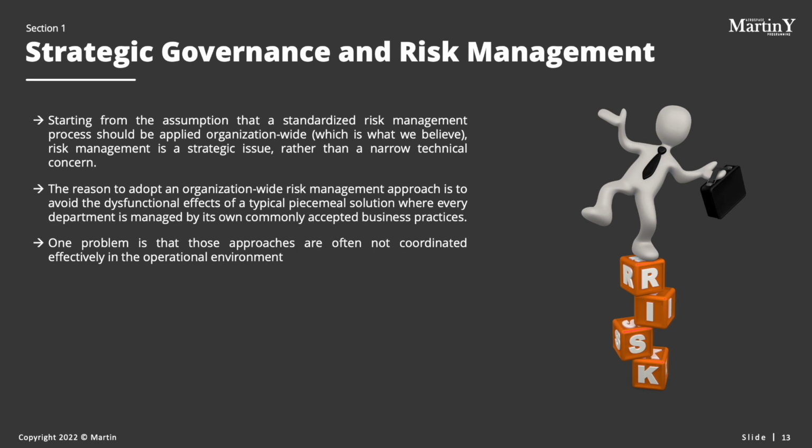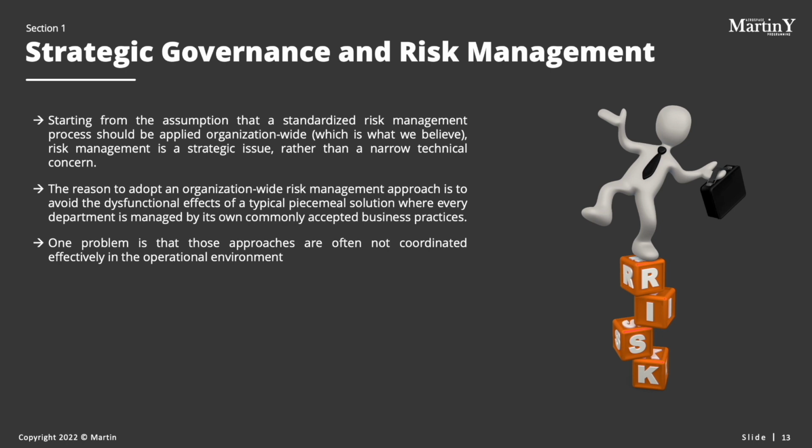The reason to adopt an organization-wide risk management approach is to avoid uncertainty between the different departments. For example, if one department has certain risk management strategies, but another one has different business practices, and depending on those business practices has a different risk management process, then when those two departments interact, there will definitely be leaks, which will introduce more vulnerabilities to your business process.